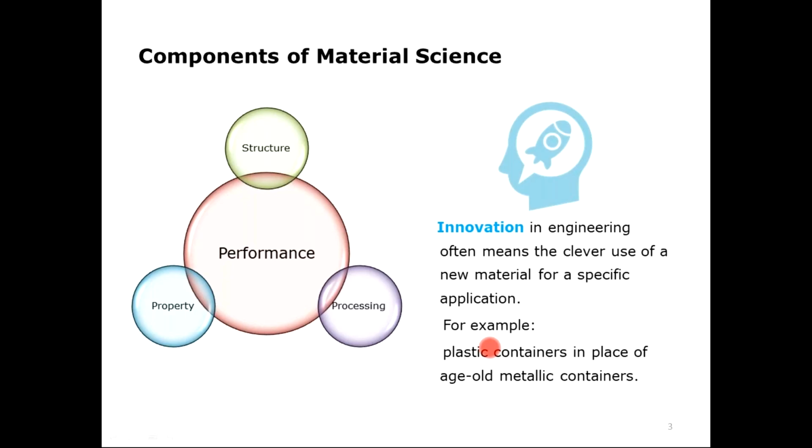Why? Because we have a number of changed properties. Though some drawbacks are there for some materials, if we get the maximum advantages for a specific material, this is the basic of your material. Hoping that you have understood this slide, we will move towards our next slide.